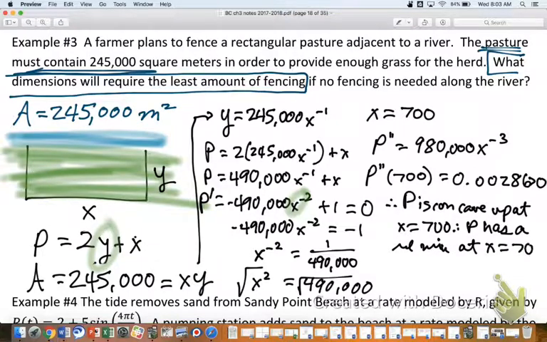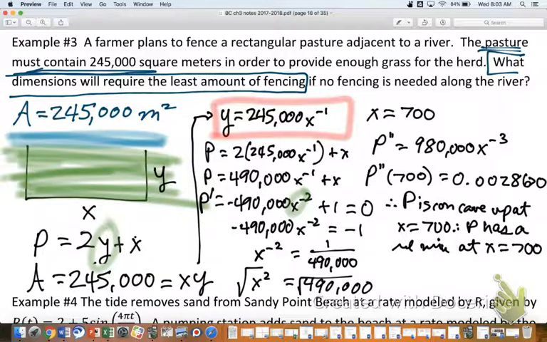It did ask for the dimensions of the field, both dimensions. We have x equals 700. How could you find the y value? Plug it back into the area equation, the thing we used to substitute with. If you take that 700 and plug it back in, you'd get your y value: 245,000 over 700.